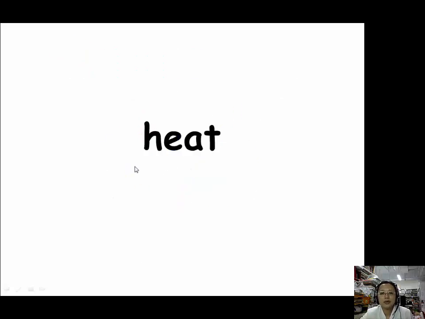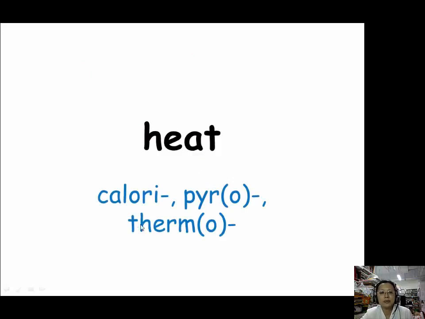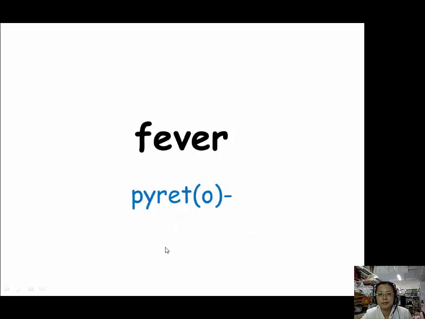Let's review what we've learned. For heat, we could use one of these three prefixes: calori, pyro, or thermo. For fever, we could use this prefix, pyreto, P-Y-R-E-T-O.